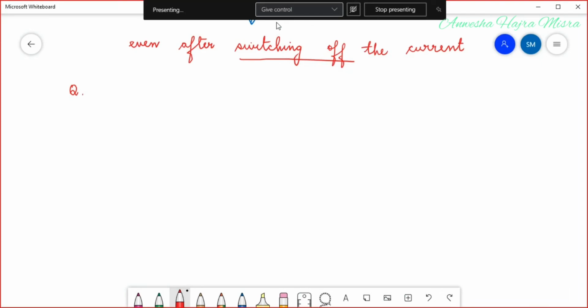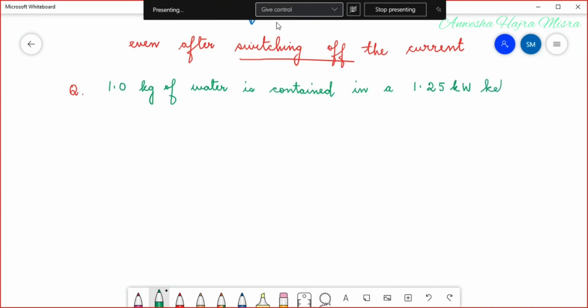1 kg of water is contained in a 1.25 kilowatt kettle.